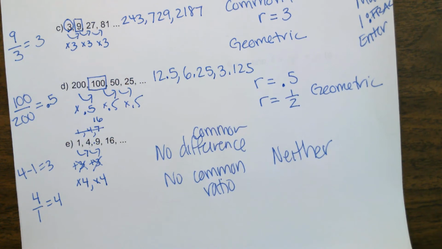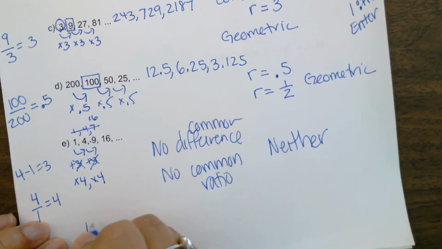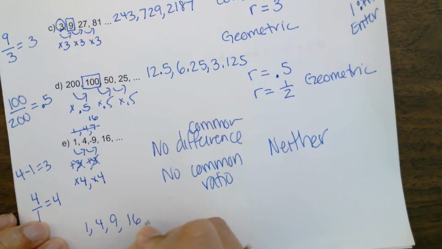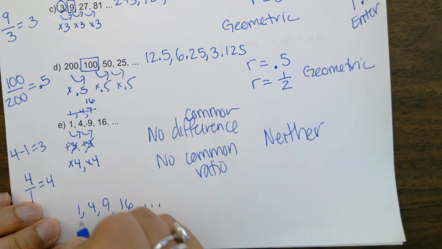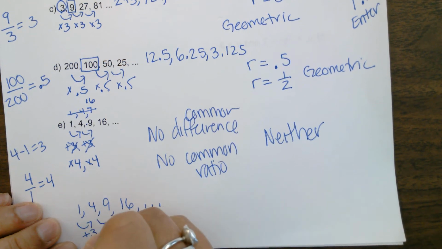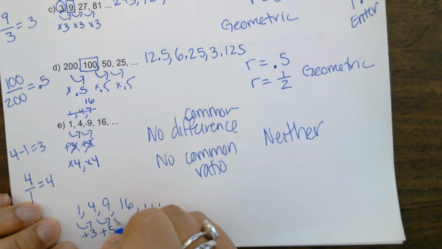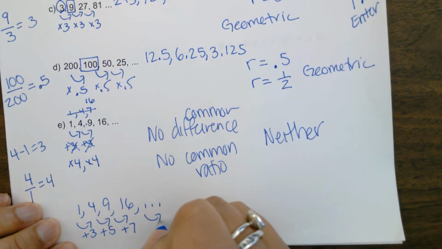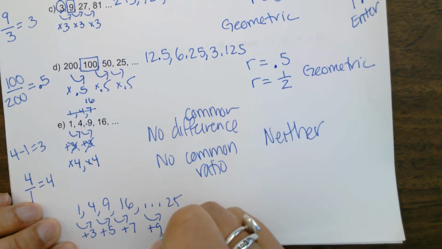Some people may say, what does it have? This pattern, you can find the next 3 terms. This is added by 3, this is added by 5, this is added by 7, this would be add 9.